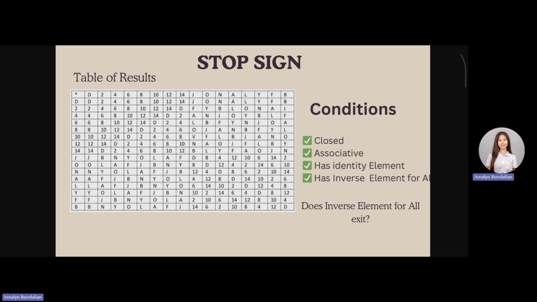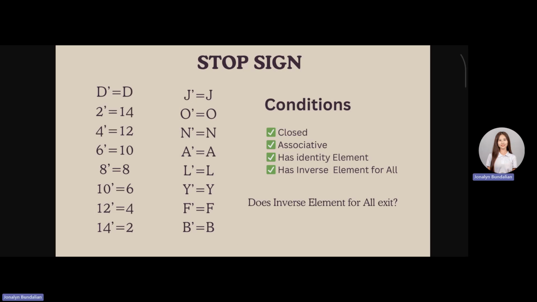Every element must have a partner that brings us back to the identity D. The table shows that for every element there's an inverse, wherein D inverse is D, 2 inverse is 14, 4 inverse is 12, 6 inverse is 10, 8 inverse is 8, 10 inverse is 6, 12 inverse is 4, and 14 inverse is 2, G inverse G, O inverse O, N inverse N, A inverse A, L inverse L, Y inverse Y, F inverse F, and B inverse B.